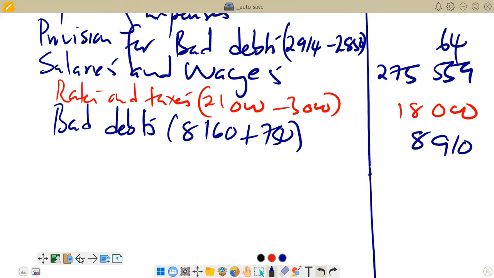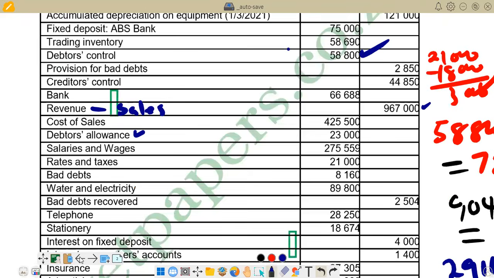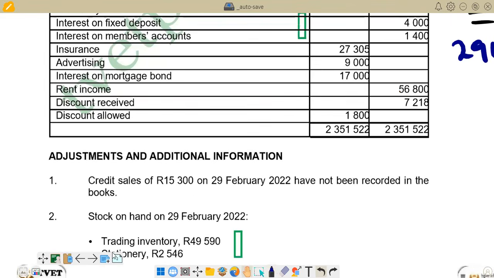We go back again to check another expense that we have there. Right, after bad debts, we've got water and electricity, 89,800. We check again. Do we have anything that is affecting water and electricity? Here we don't have. Go to the next page.